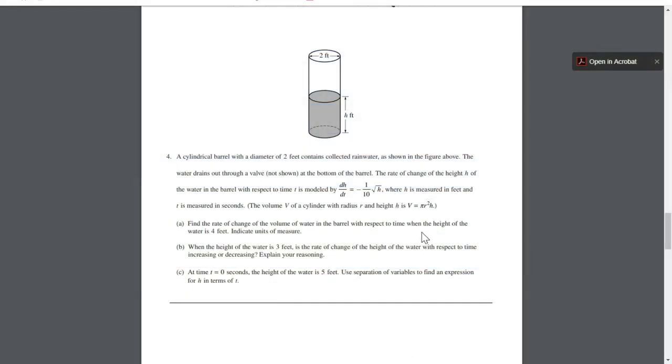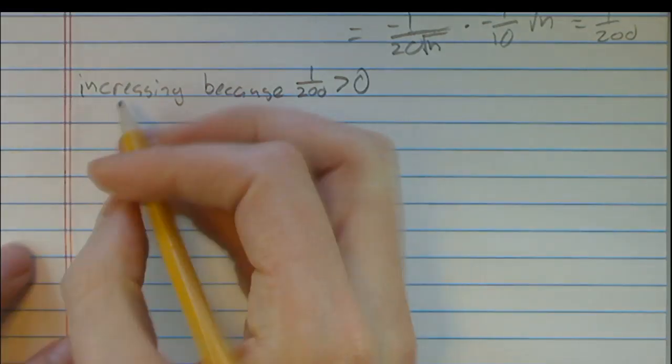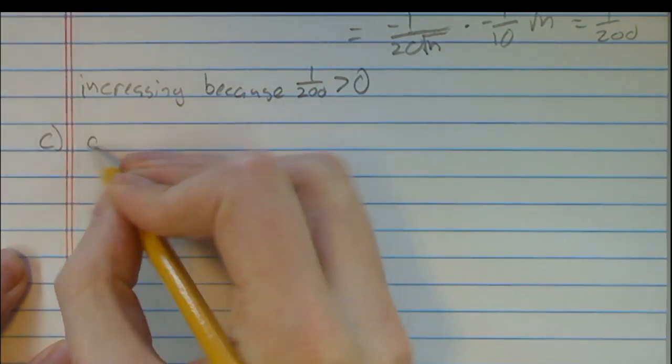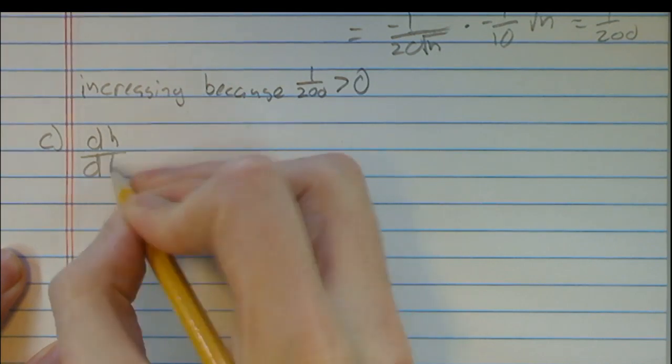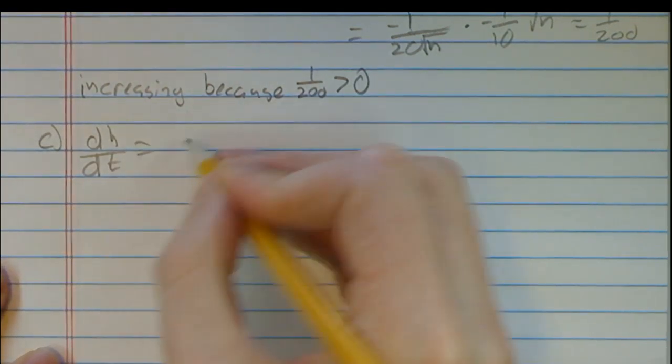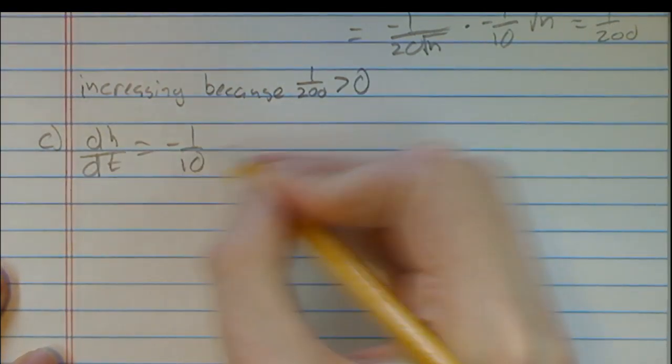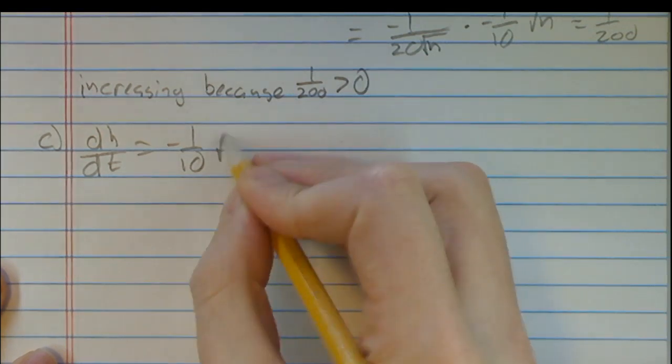Alright, let's look at C. At time t equals 0 seconds, the height of the water is 5 feet. Use separation of variables to find an expression for h in terms of t. Okay. So we're given dh/dt equals negative 1/10 square root of h.